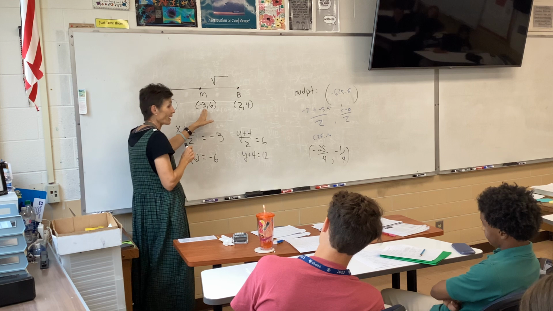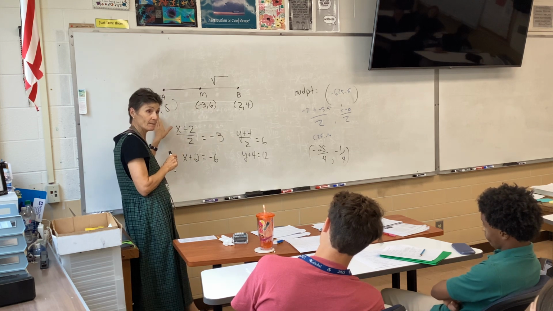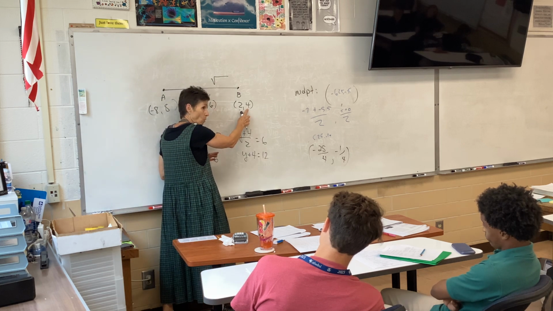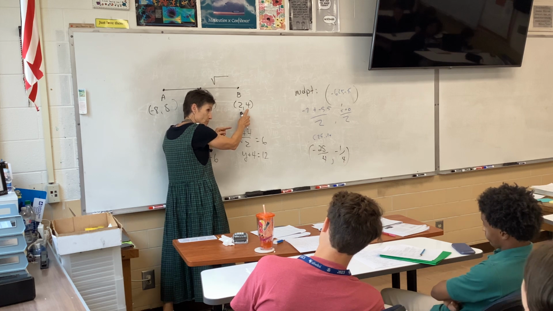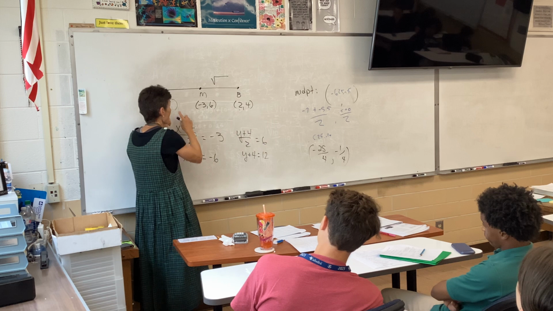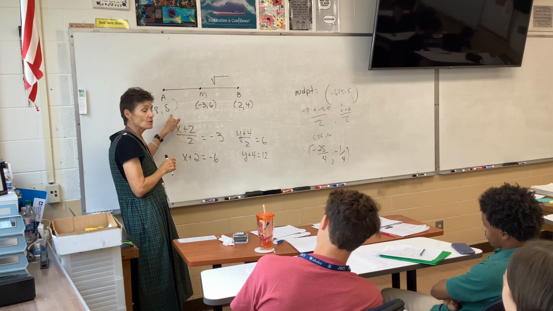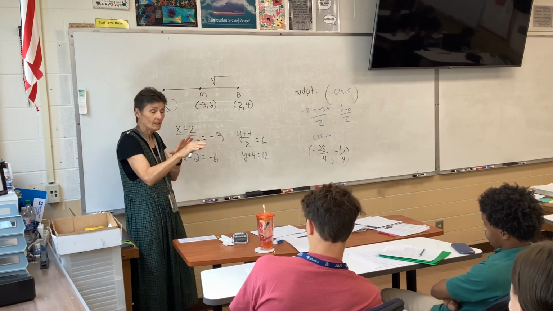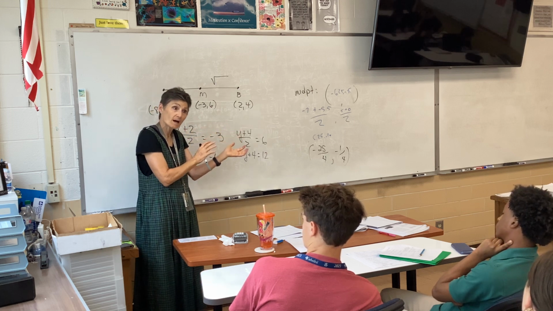If we backed up 5 from -3, we'd be at -8. And then similarly, 6 to 4 is backing up 2, so we'd have to go forward 2 this way, and that puts us at 8. So that way we can use our distance idea, but we're not actually finding the actual distance. We're doing it one coordinate at a time.